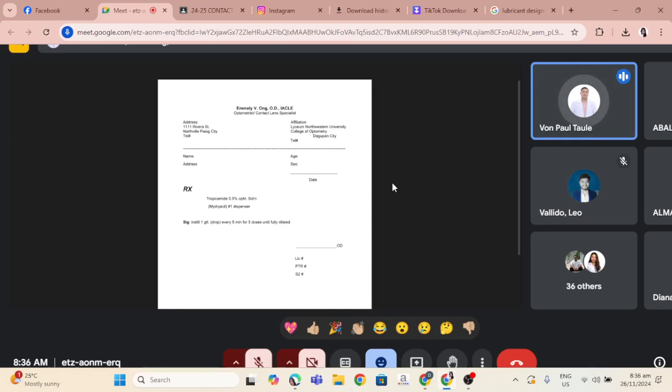Always include also or instruct your patient that every 3 days you have to recheck your contact lens case to see if your solution has lessened or nag-dehydrate siya. So always refill after 3 days of ano yun, idle na hindi siya nagamit.